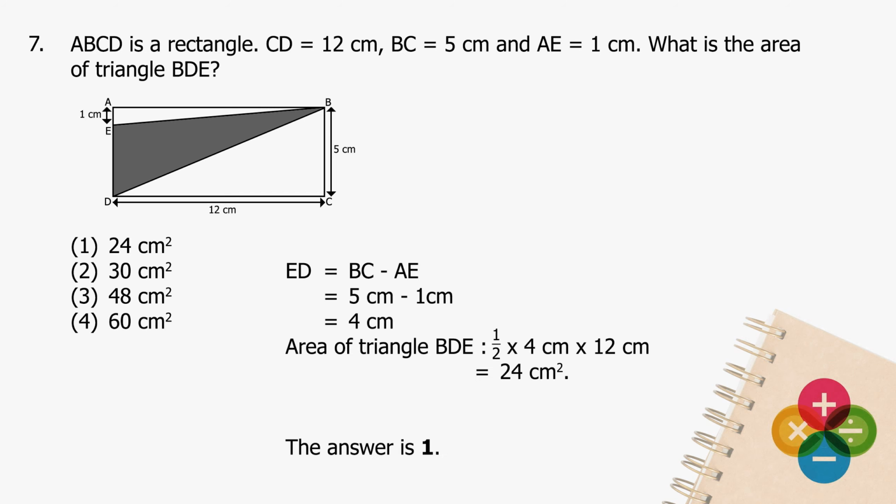The length of ED will be subtract length of AE from length of BC, which is equal to subtract 1 cm from 5 cm, and the difference is 4 cm. The area of triangle BDE will be multiply 1/2 by 4 cm, and then by 12 cm, and the product is 24 square centimeters. The answer is 1.